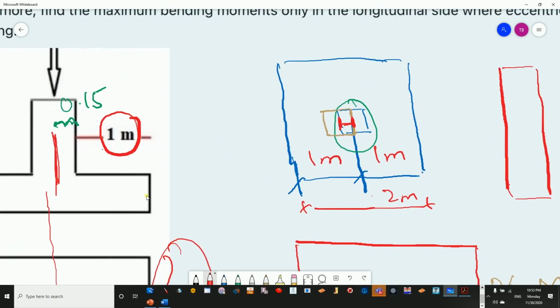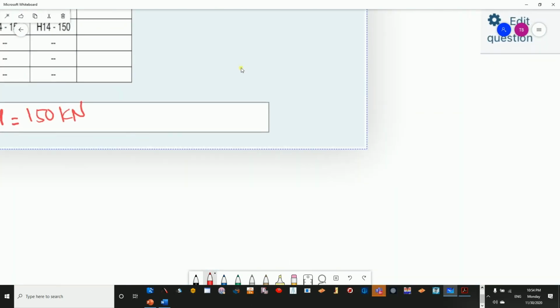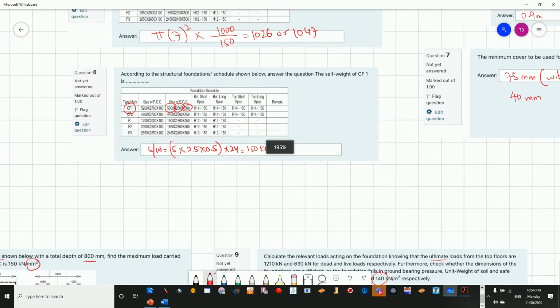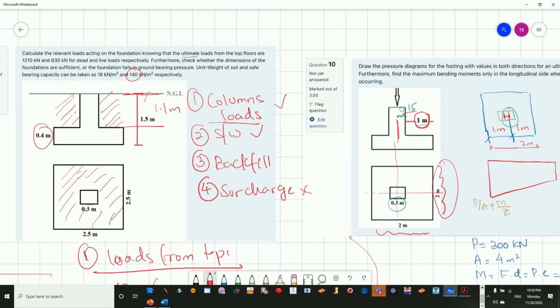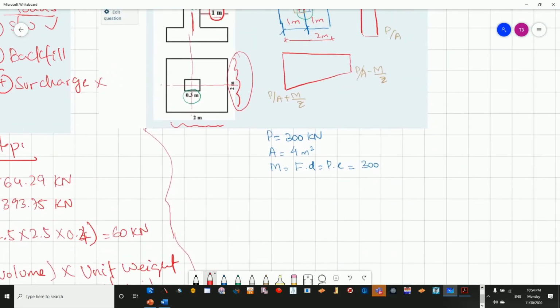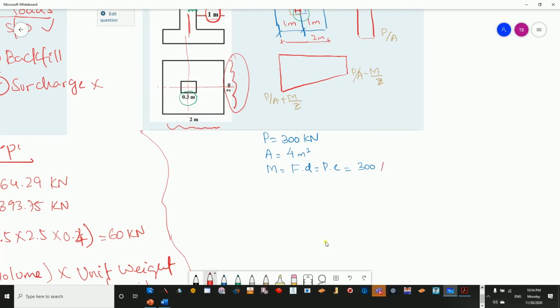So this is 1, the regular center, and the new center is 1 plus 0.15, that's 1.15. So the difference between the regular concentric and the eccentric case is 0.15 as eccentricity. If we return to our problem, the eccentricity value is 0.15.